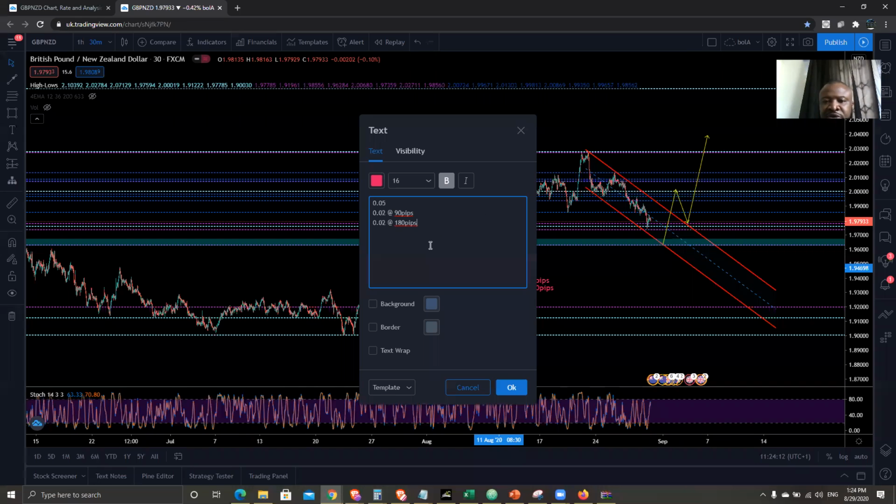And then obviously the last 0.01 is what I want to leave to see whether we are either going to find a rejection over here and price is going to come back down, or it's going to break this, right? So if I manage to leave that 0.01 to break this and eventually it breaks, by the time price is coming back down here again, then obviously I'll be looking to reload on my position.